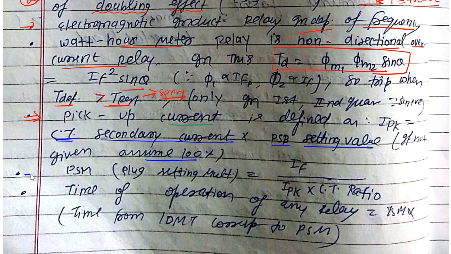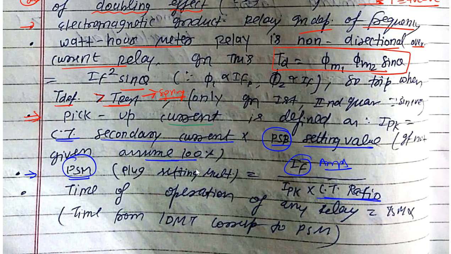Now the PSM, plug setting multiplier. Don't confuse the plug setting box and the plug setting multiplier. The plug setting multiplier is the ratio of the fault current, in amps, divided by IPK, which we already studied. What is IPK? IPK is the CT secondary current into the PSB value into the CT ratio here.